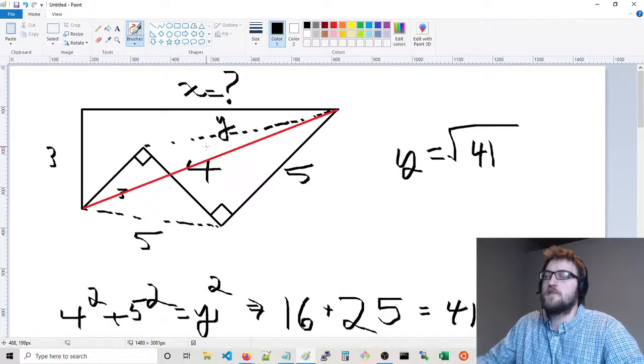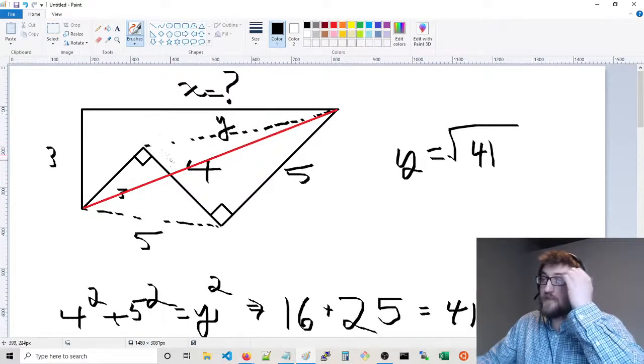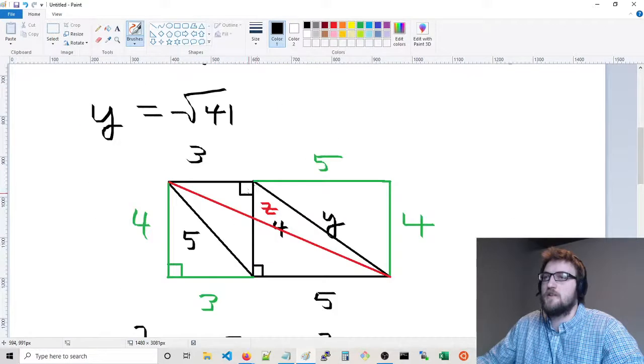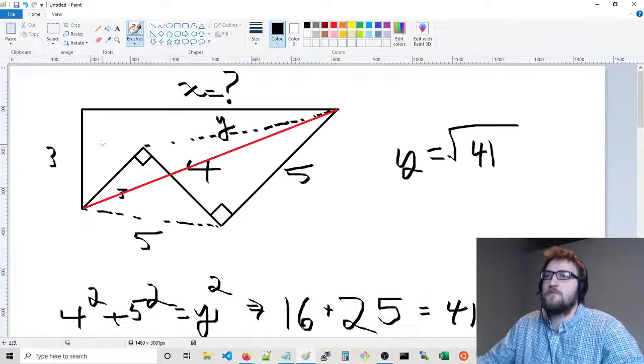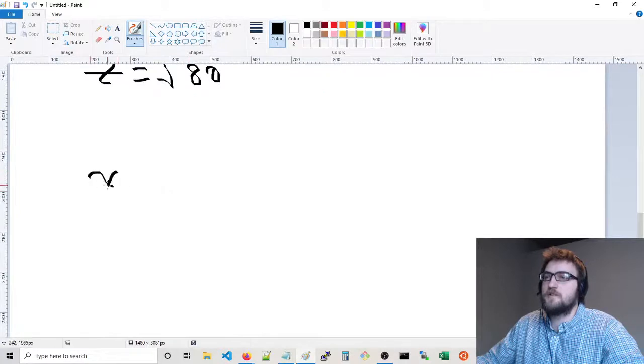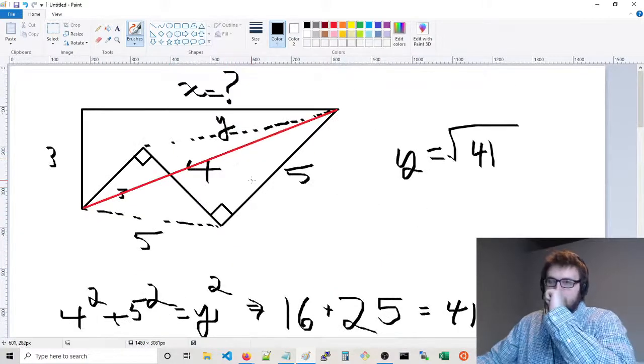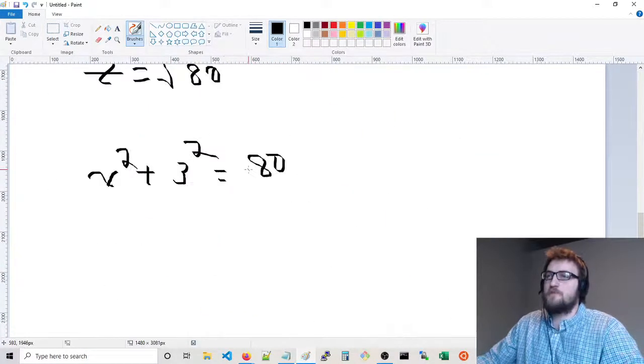And now you can say, oh, that's interesting. Actually, it didn't matter what y was. I thought that was a 4, 5, 6, but 4, 5, 6 is not actually a Pythagorean triple. 3, 4, 5 is the Pythagorean triple. So now this red line, Z, is the square root of 80, and in this triangle x squared plus 3 squared equals 80, since Z squared is 80.